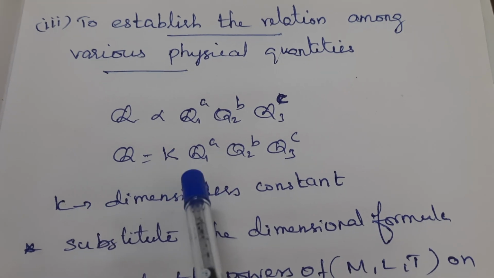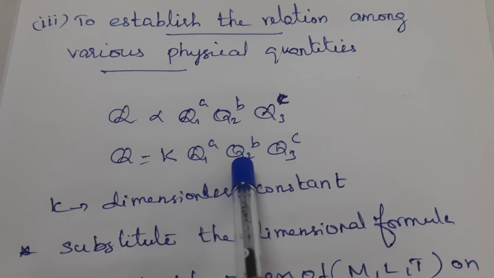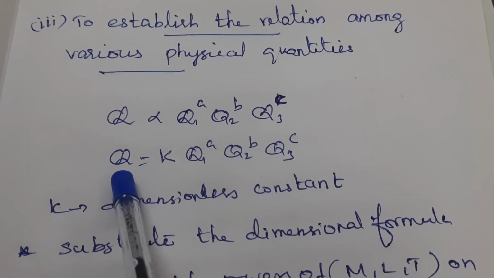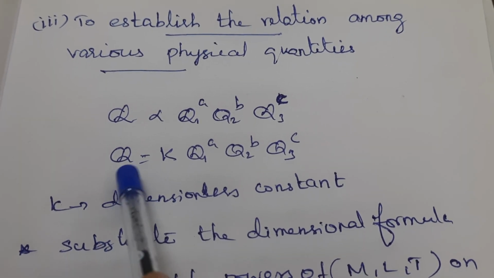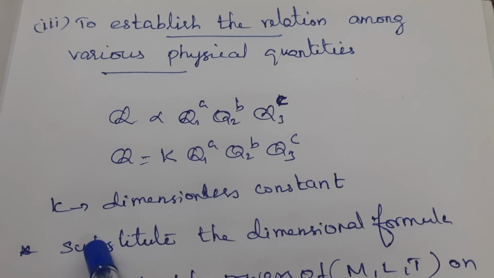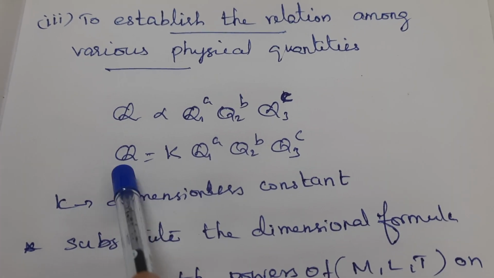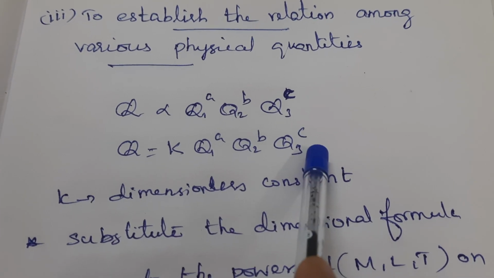When the dimensional formula for Q1, Q2, Q3 and Q is known, we can substitute the formula in this equation. Substitute the dimensional formula for all the quantities.